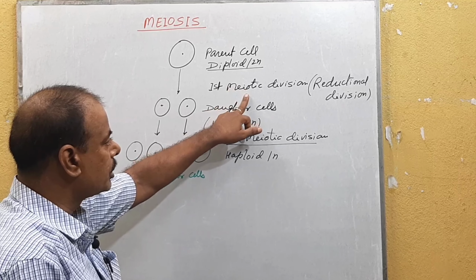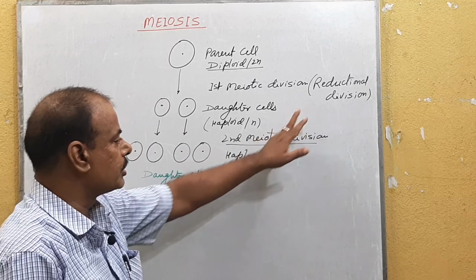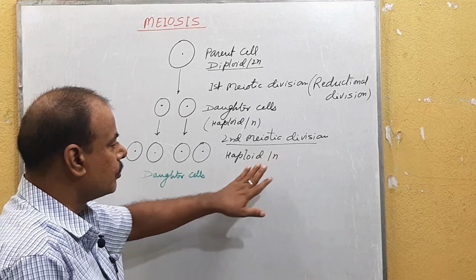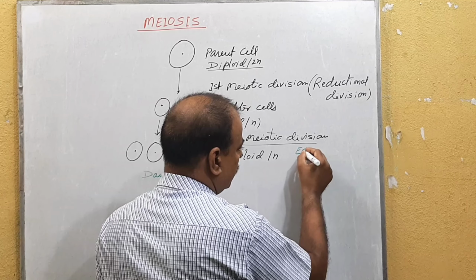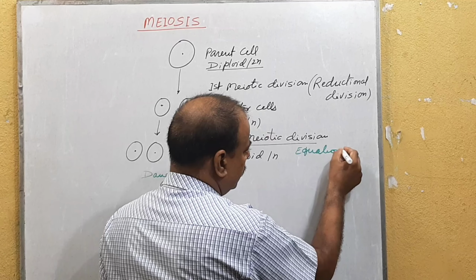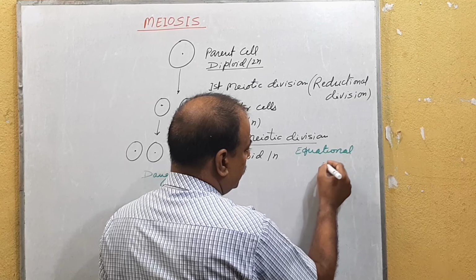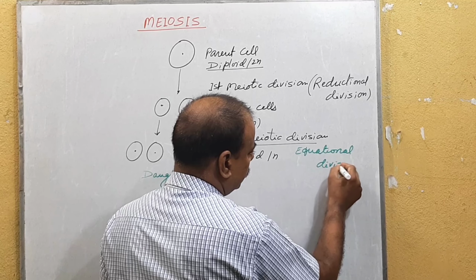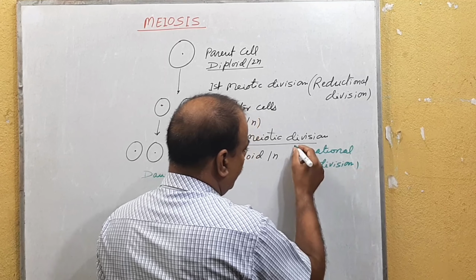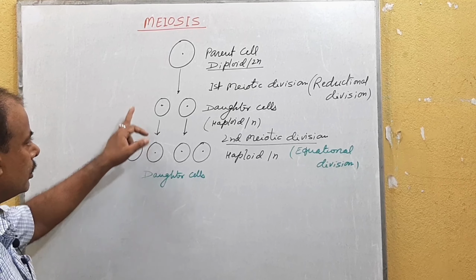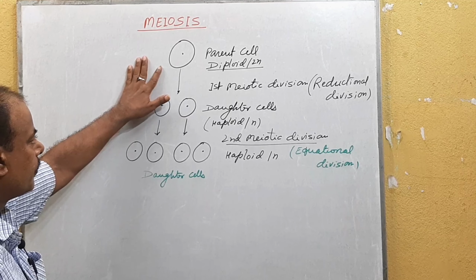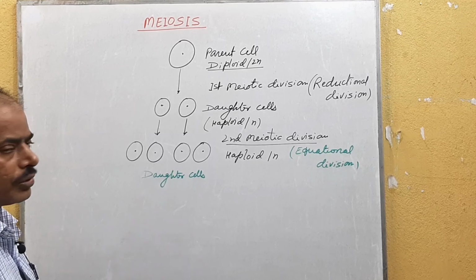Here the first meiotic division is known as reductional division and the second meiotic division is also known as equational division. In this way, in meiosis cell division, one parent cell divides to form 4 daughter cells.